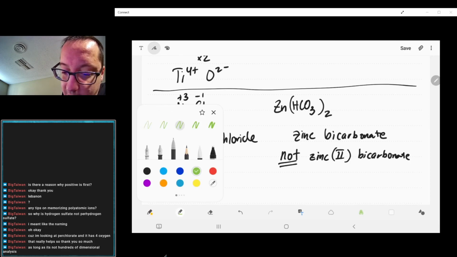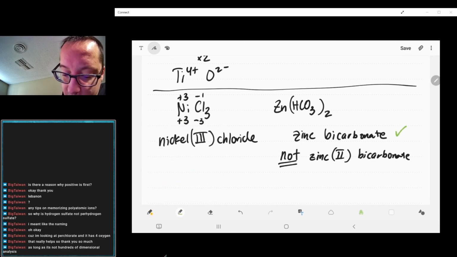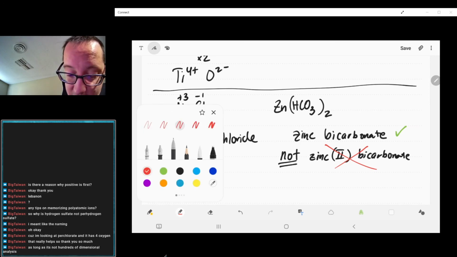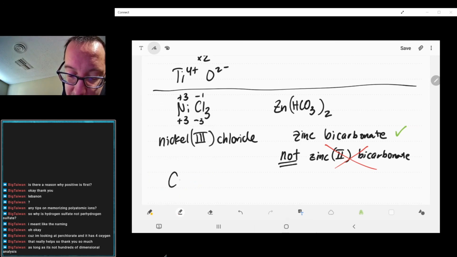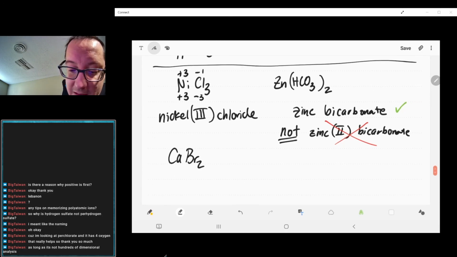This is going to be our happy one here. We would not have that here. Much as if we have something like this, we would just say calcium bromide.